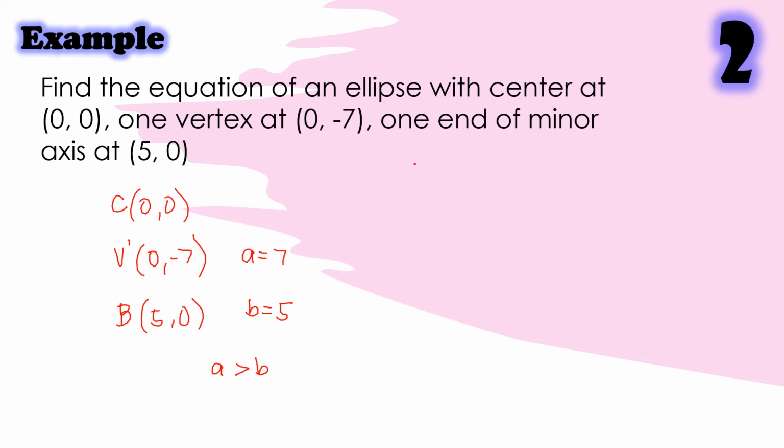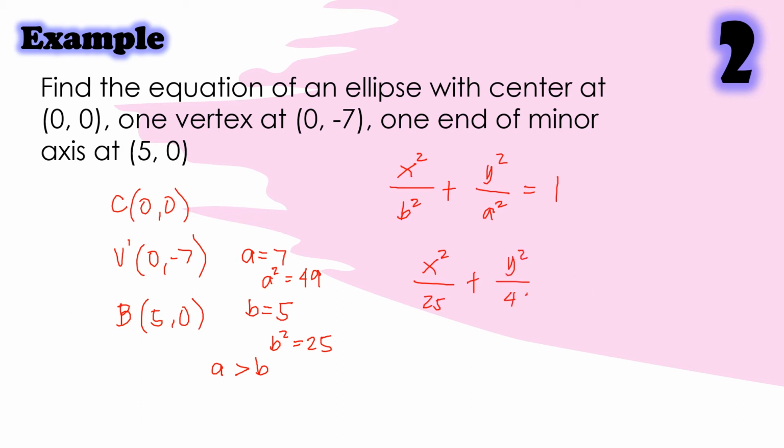So we have the equation x squared over b squared plus y squared over a squared equals 1. a squared is equal to 49 and b squared is equal to 25. Hence, the required equation is x squared over 25 plus y squared over 49 equals 1.